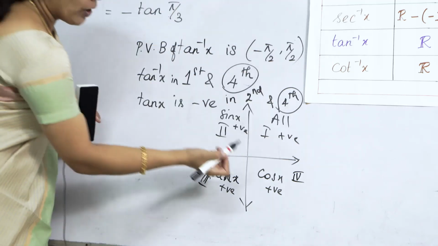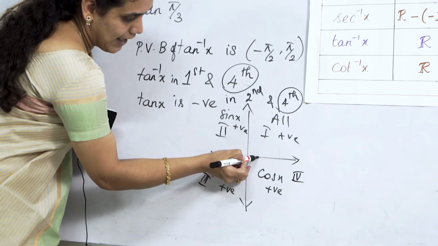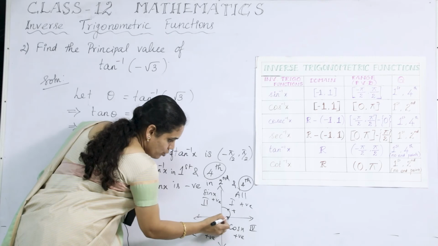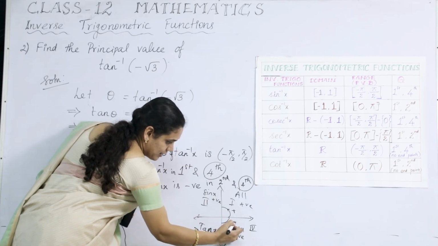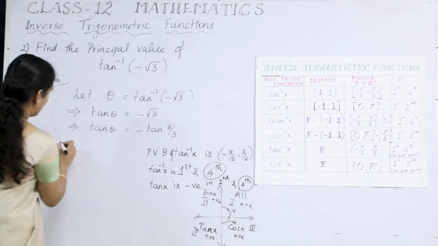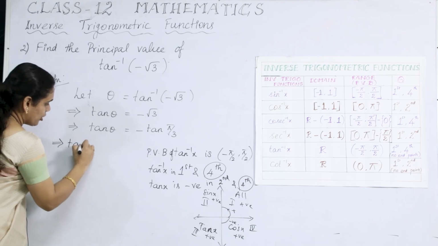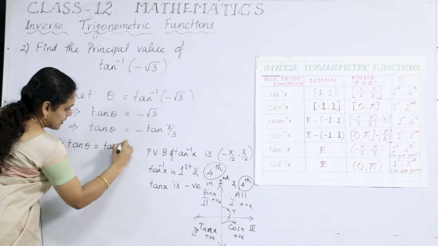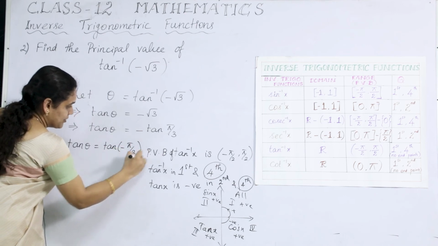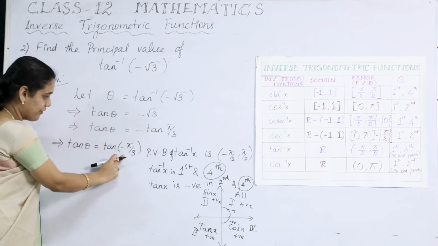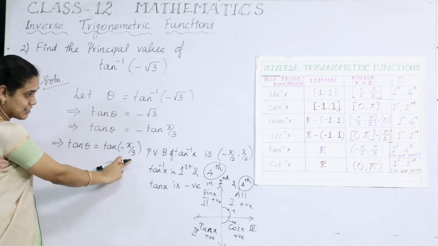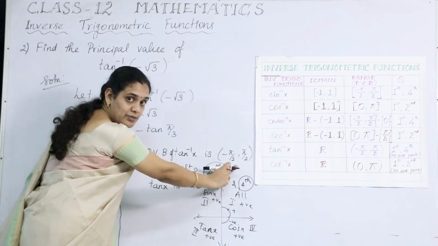Right? The fourth quadrant, see, suppose if we take the angle anti-clockwise, we take positive, and if you go clockwise, you take negative angles, isn't it? So in order to get our answer in the fourth quadrant, we can write tan inverse of minus pi by 3. Minus pi by 3 is in the fourth quadrant, right? Now these two are equal. At the same time, minus pi by 3 is minus 60. Minus 60 is in this interval or not? Yes.